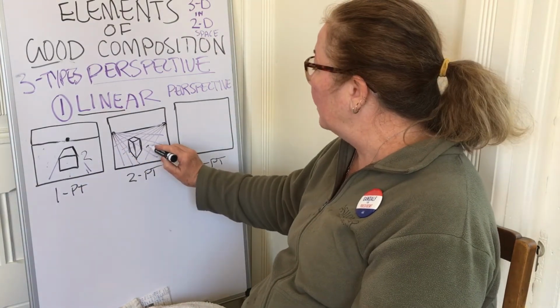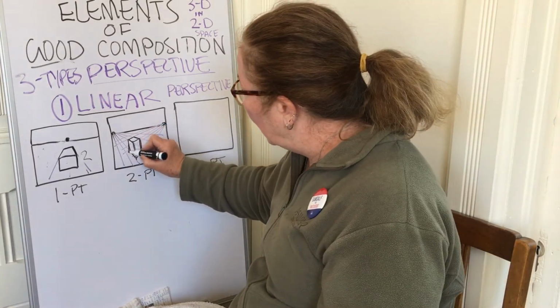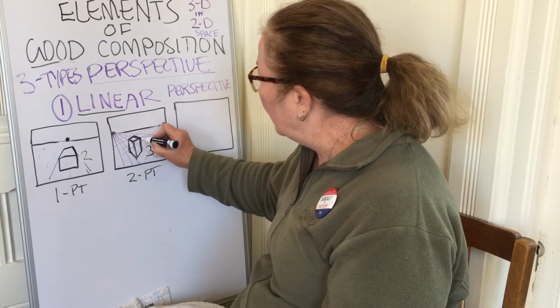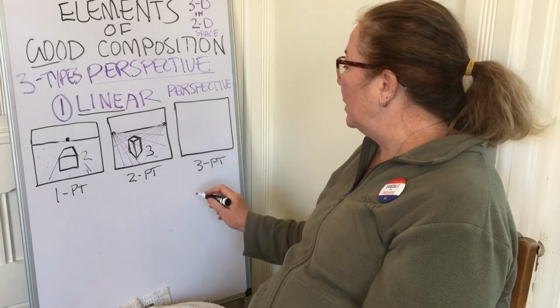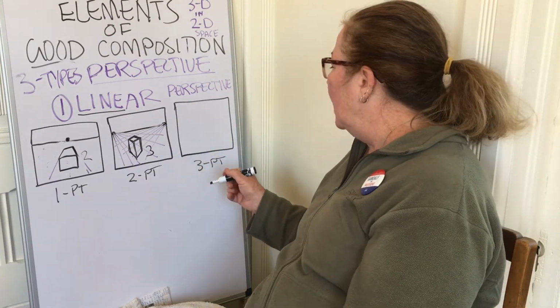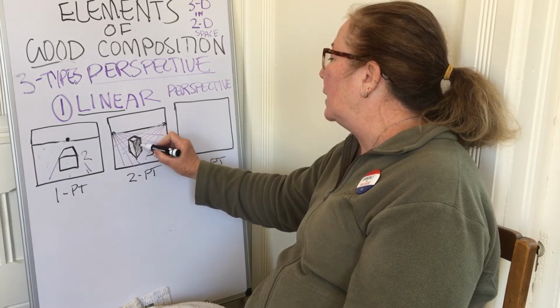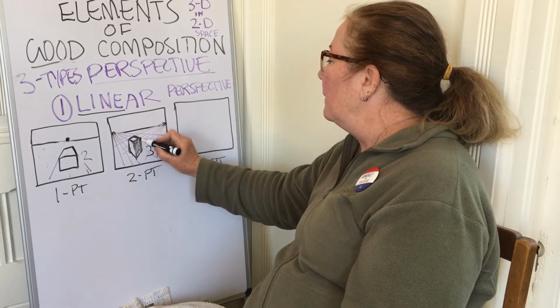Here, I see 3 sides. So I can see 3 sides, and I've described a 3-dimensional object in a 2-dimensional space, and you can see it has 3 dimensions. If I put shadow in, it would even look more 3-dimensional, like a shadow on the side there.